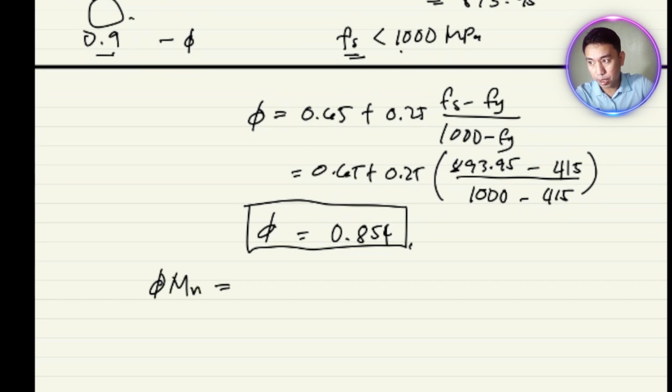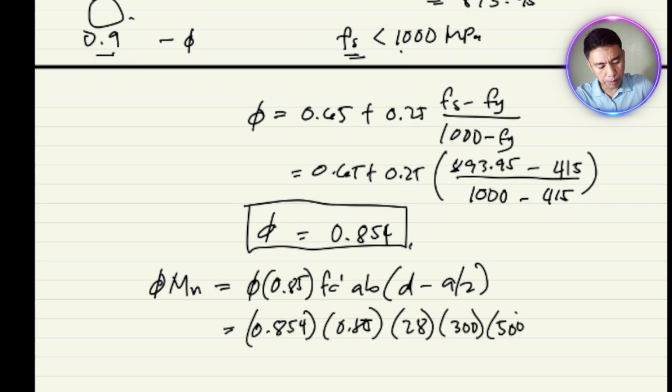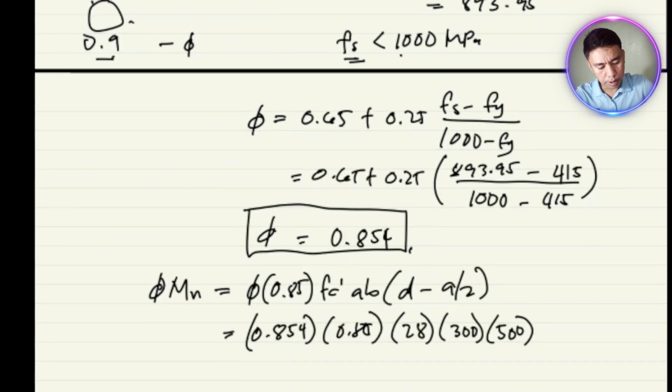VMN is equal to phi times 0.85 times FC prime AB (D minus A over 2). So this is, our phi is 0.854 times 0.85 times FC prime of 28 times A is 300, B is 500. Tama ba? Sorry.